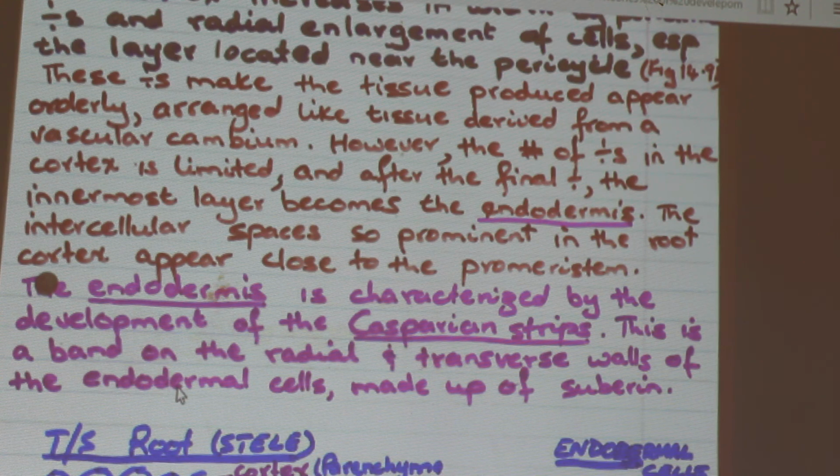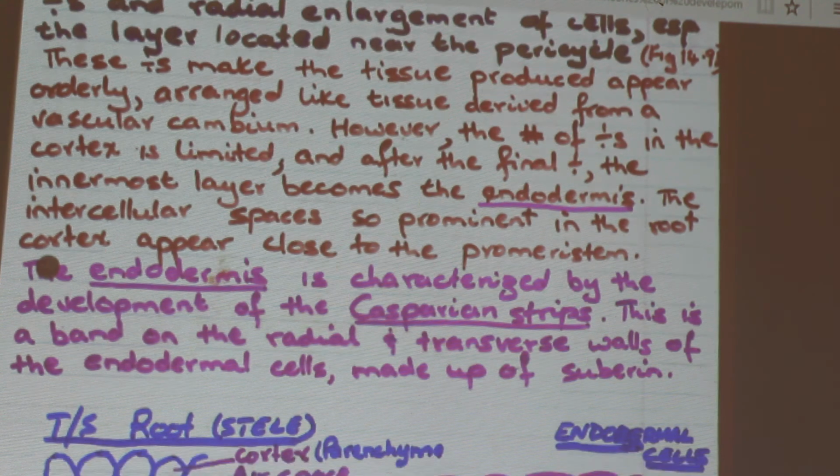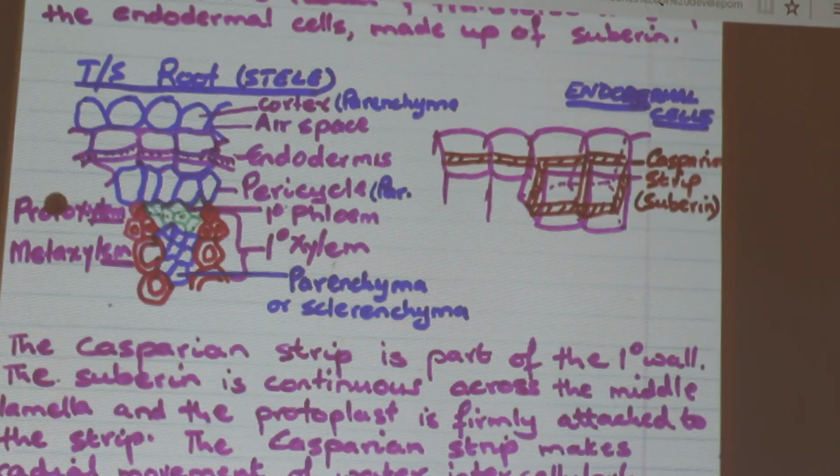Now, those cells are then called passage cells. They allow free movement of water. There is a need for this sometimes as part of the adaptation of the plant for certain situations. Sometimes you want the water to pass quickly or you want the water to go through slowly.